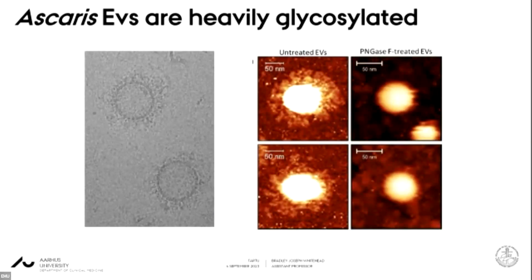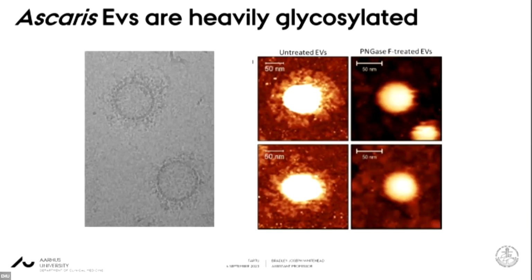It's quite common in the worm field that glycans mediate some of these effects. And we noticed that the Ascaris EVs are heavily glycosylated. You can quite clearly-ish see it on the cryo-TEM here. And here on AFM, you can see the periphery of the native EVs. When we treat with PNGase F to remove the glycans, you can see that this is completely gone.